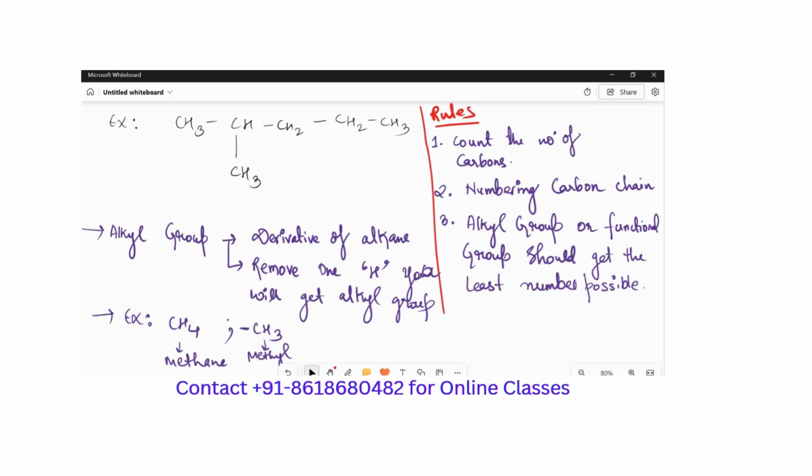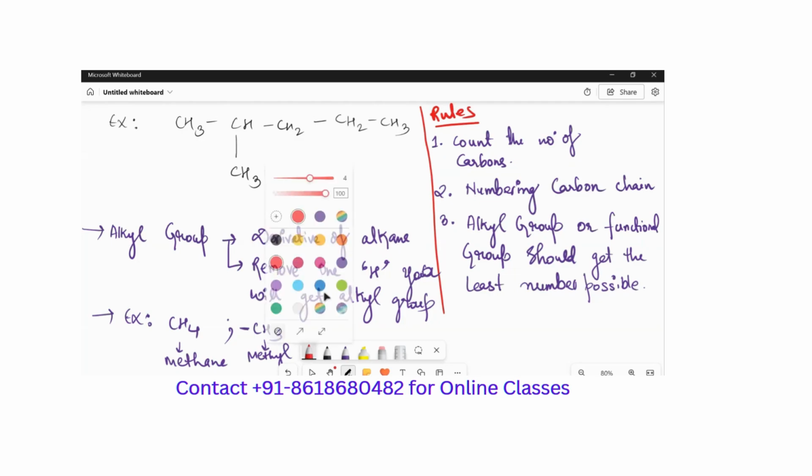Now, according to the rules which I have written for now, can we start naming this? Yes. Okay, so from where do I need to start? Right-hand side, left-hand side? Left-hand side. Okay, from here. So why are we starting from there?